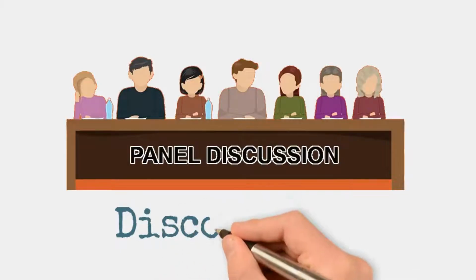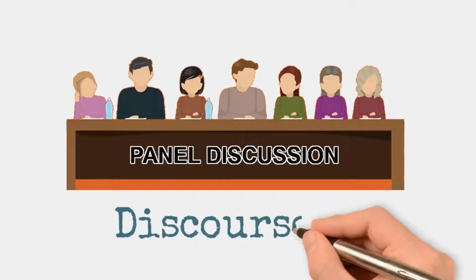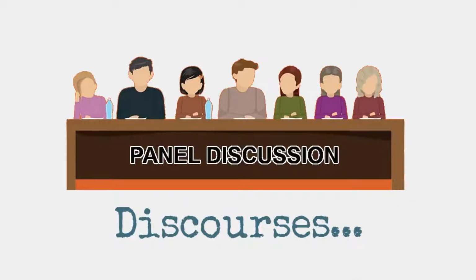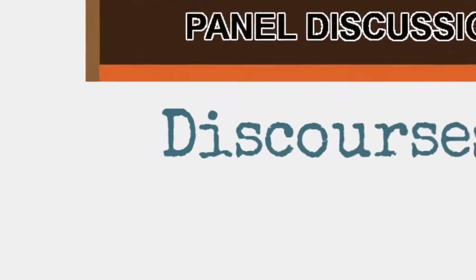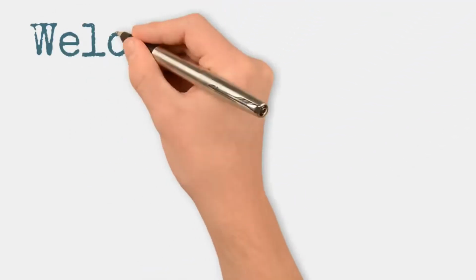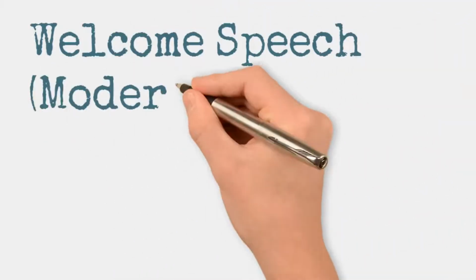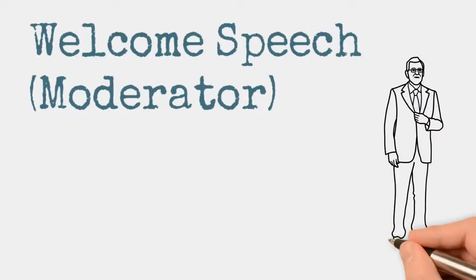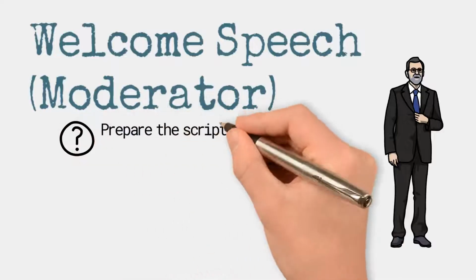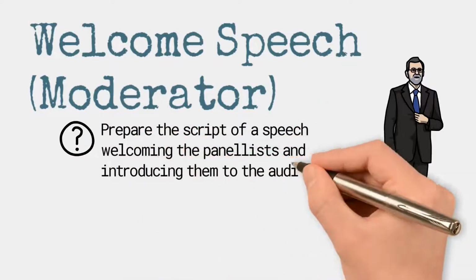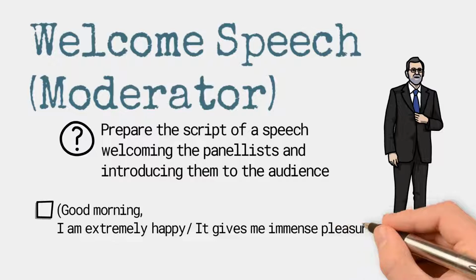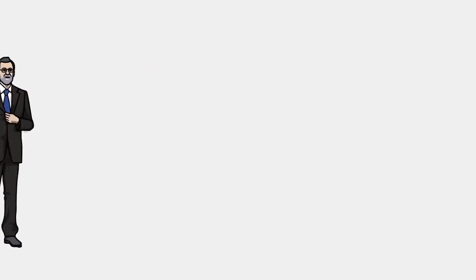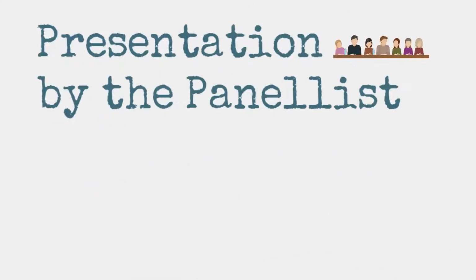Now, let us discuss from the examination point of view what are the possible discourses on panel discussion. First one is to prepare a welcome speech by the moderator, welcoming the panelists and the audience. Second one, presentation by the panelist.